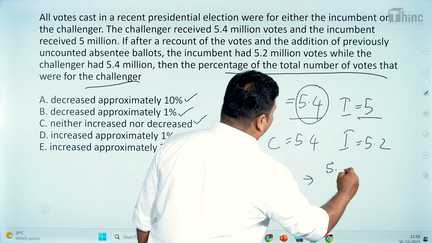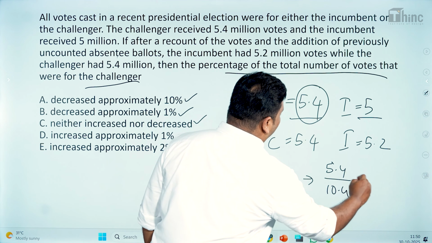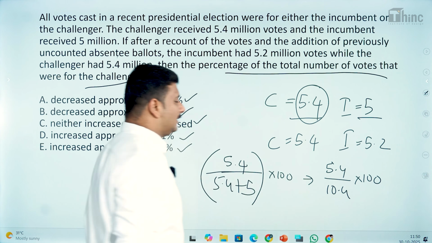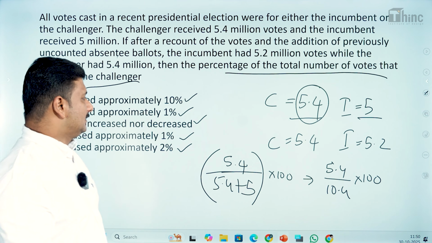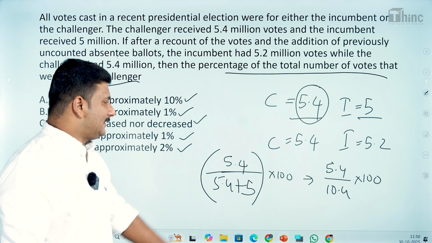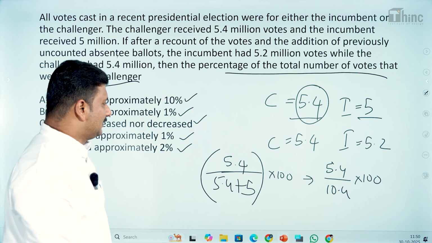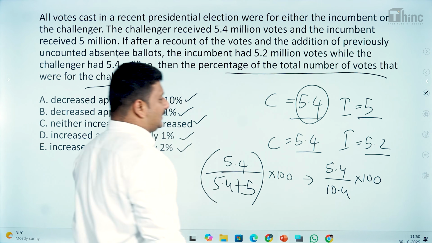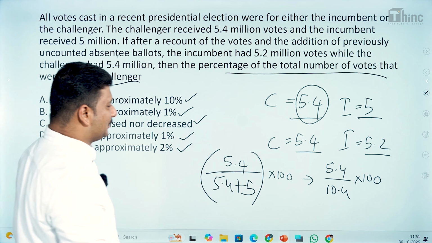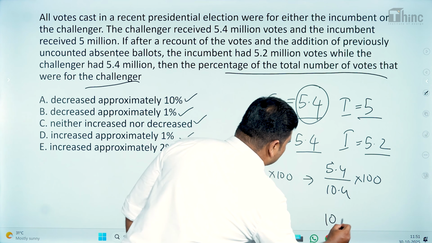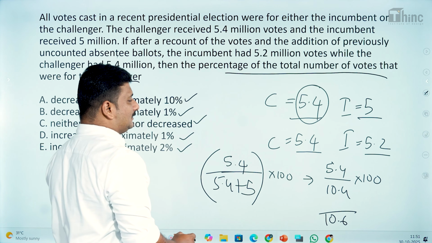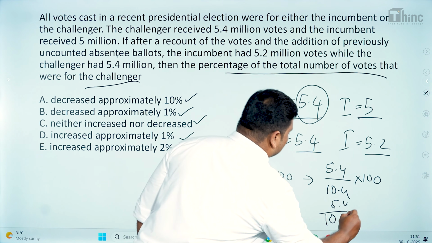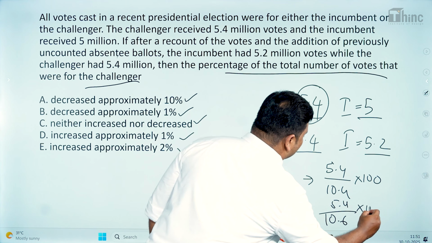So out of 10.4, the challenger received 5.4. When we multiply it by 100, we'll get the percentage. Now after the recount, what is the total number of votes? It's 5.4 plus 5.2, which is 10.6. And out of that, the challenger received 5.4, right? So it's 5.4 by 10.6 into 100.